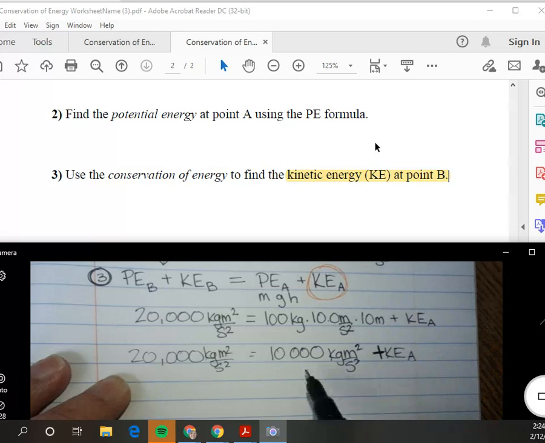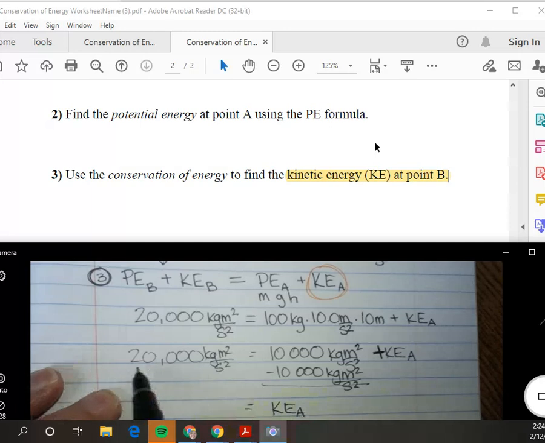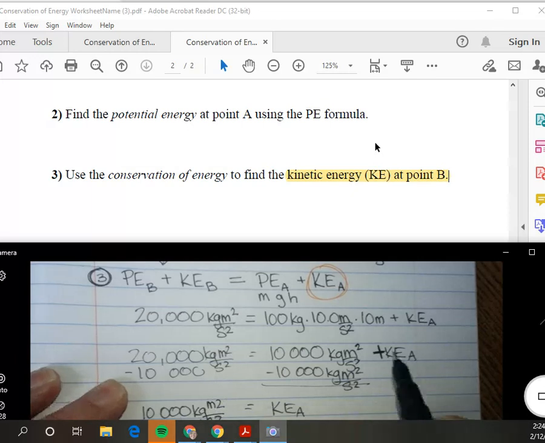I need to subtract my 10,000. So that's where those algebra skills that you learned before come into play. So I'm going to subtract 10,000 and gives me 10,000. Because algebraically, if I am adding it right here, I have to do the opposite math operation to get rid of it, like when you have a single step, in algebra.